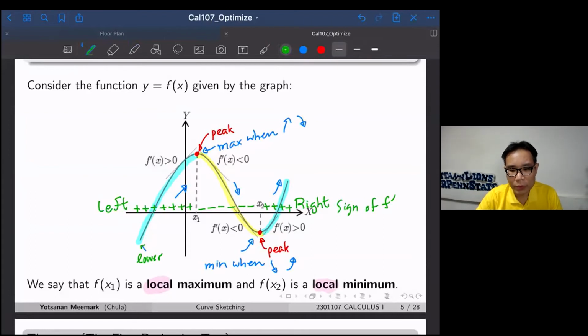What does it mean to be a local minimum or local maximum? It means that you are comparing only in this room. If you have 50 students and this guy has the highest score, he is the local maximum. If you compare to the whole faculty, with about 1,000 students in this faculty of science, and you have the highest score for calculus, that person will be the global maximum.